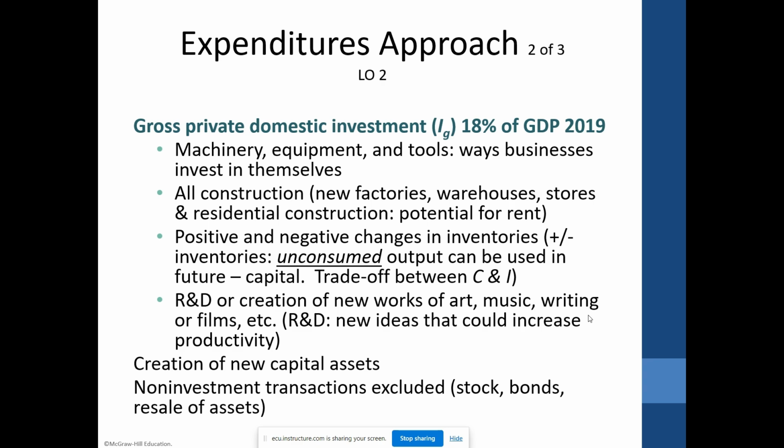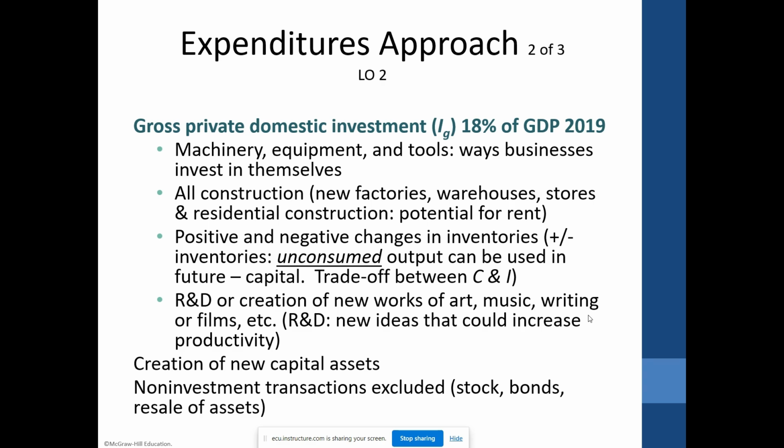Gross private investment includes all final purchases of machinery, equipment, and tools by businesses, all construction, and changes in inventories. These items represent ways businesses invest in themselves.